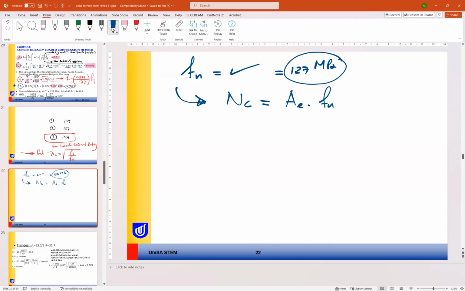But this is not A effective from the table at F yield, because it is the effective area at Fn, not at F yield.